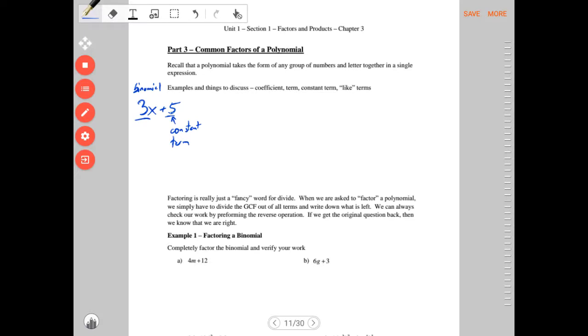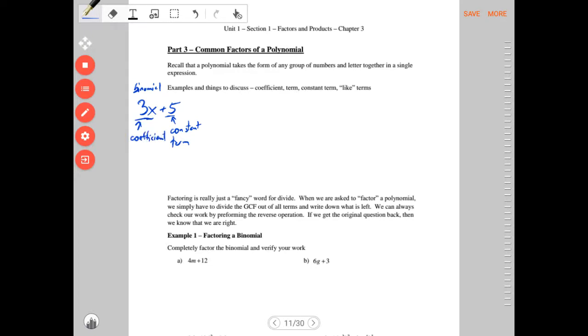So 3x plus 5 is a binomial. There are two terms. 5 is the constant term. 3x is called a variable term. That's not that important, but a variable term just has a variable in it. In this term, the 3, the number in front of any letter, is called a coefficient.